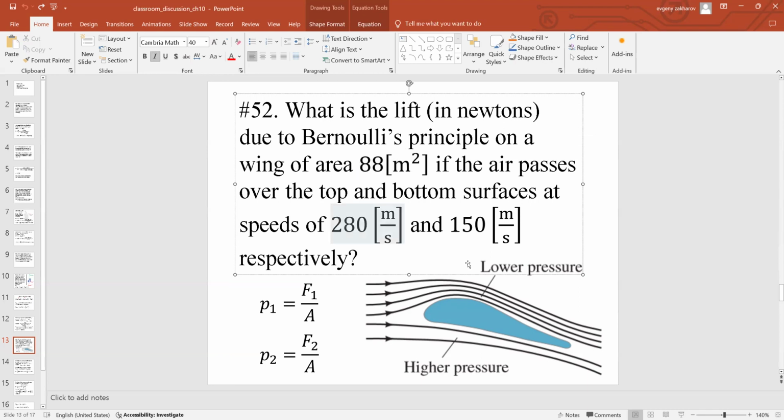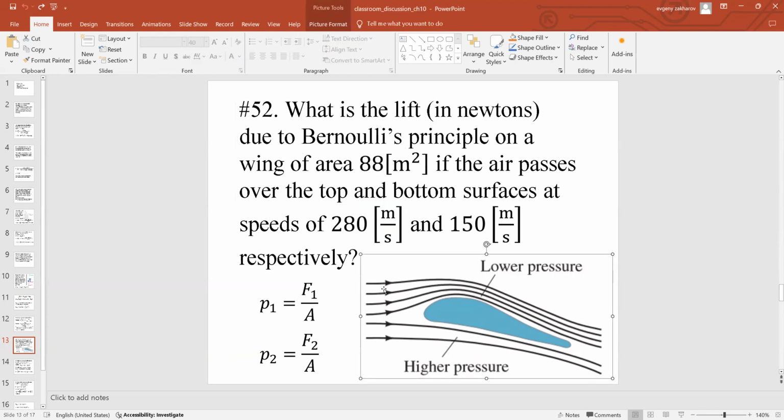And as I said before, greater distance is traveled on top of the wing, and less distance is traveled below the wing. Greater distance in the same time means greater speeds. So the air travels faster on top of the wing, and slower at the bottom.